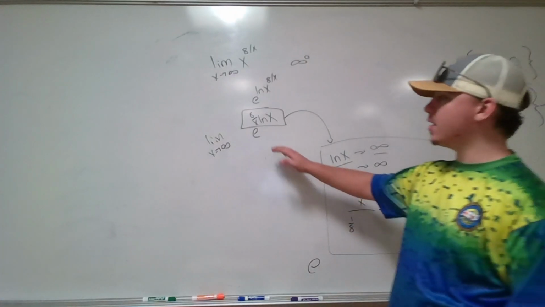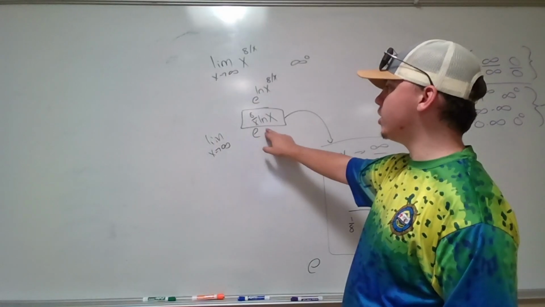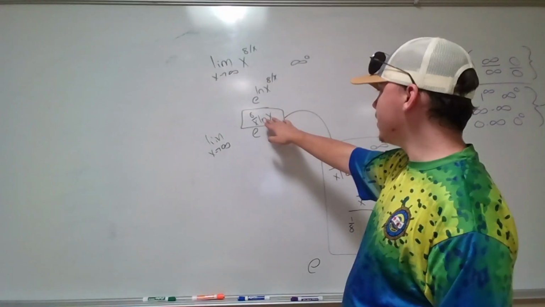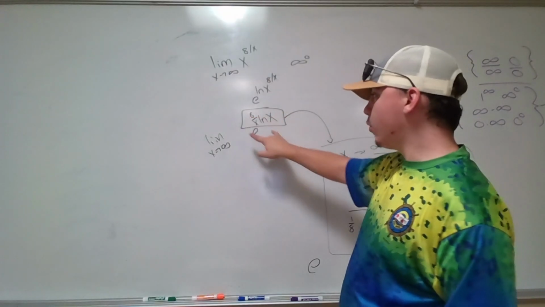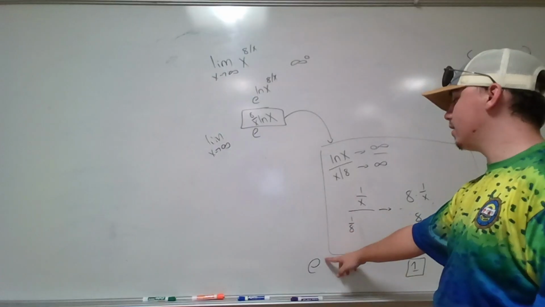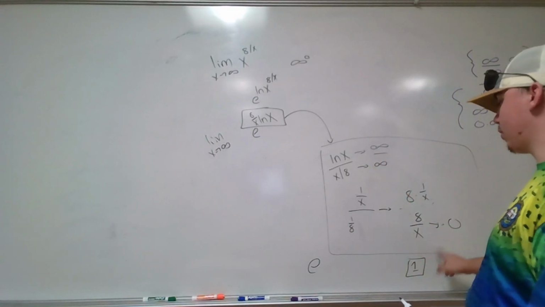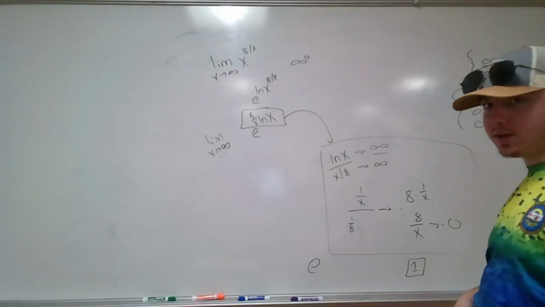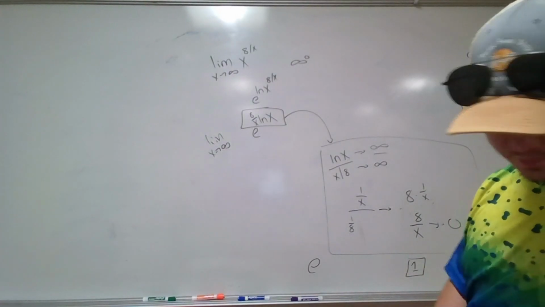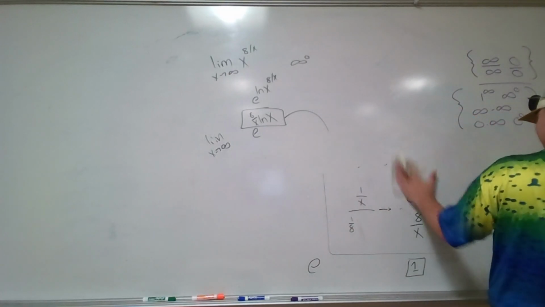I forgot that everything that's at the beginning, when you change it, has to be considered once you're at the end. e to the power of this, we evaluate this, but it has to go back to e. So e to the power of this, which is 0, equals 1. So when evaluating limits, you have to consider that. Okay, I think I mostly got that.